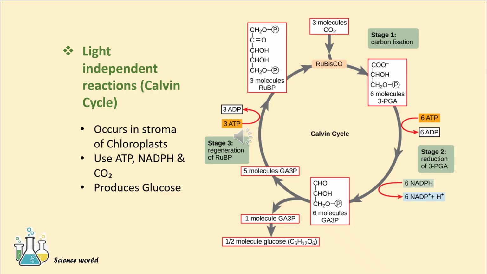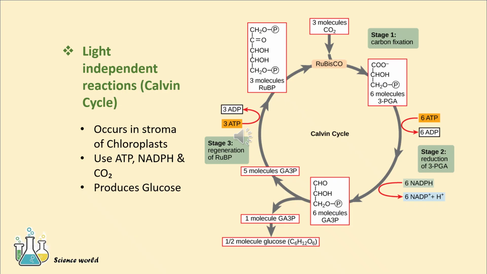And since from the 6 molecules of glyceraldehyde triphosphate, 5 molecules help in the regeneration of ribulose bisphosphate, the other 1 molecule of glyceraldehyde triphosphate will help to generate glucose, and here half a molecule of glucose is prepared.